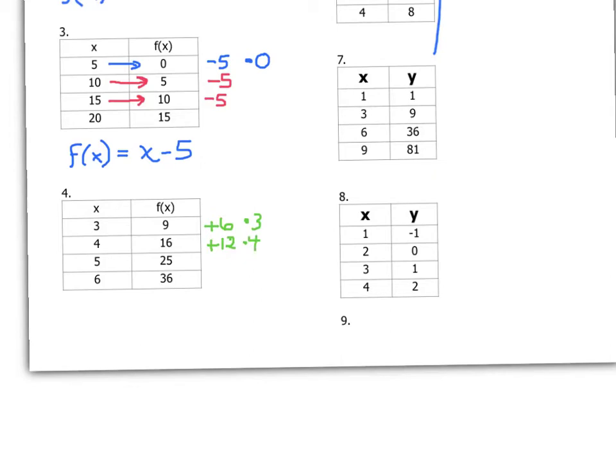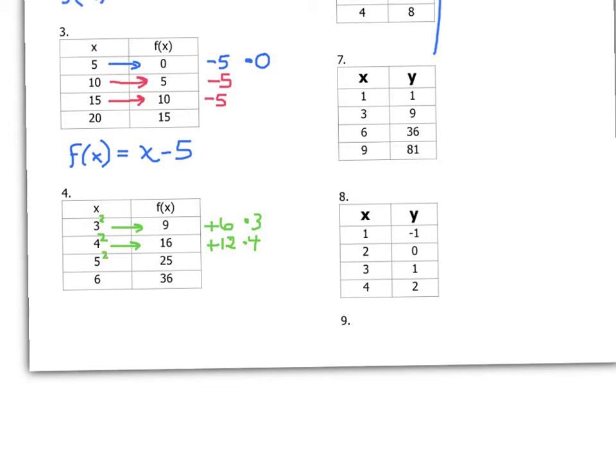So gee, let me think. I'm noticing I see powers. I'm seeing an exponent power. Let's try if 3 was squared. 3 times 3 would be 9. If 4 was squared, 4 times 4 would give me 16.